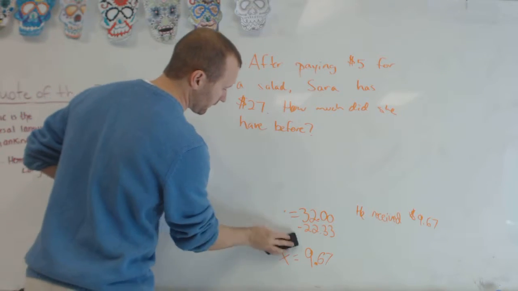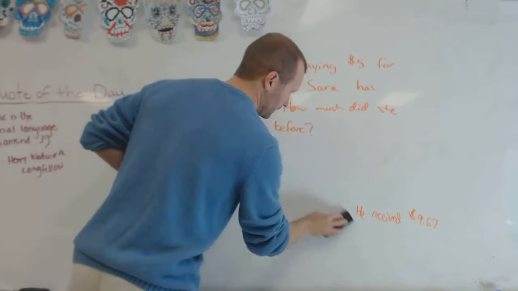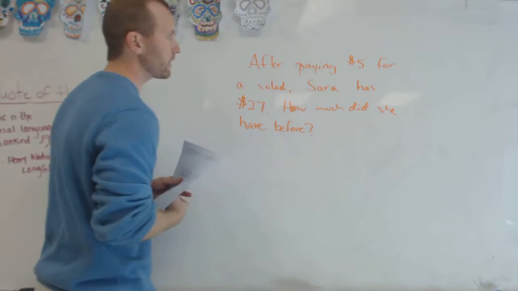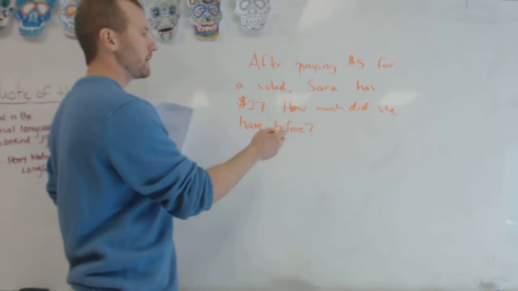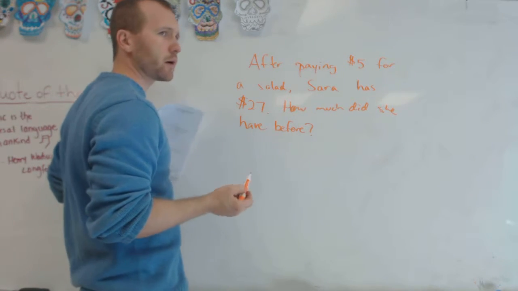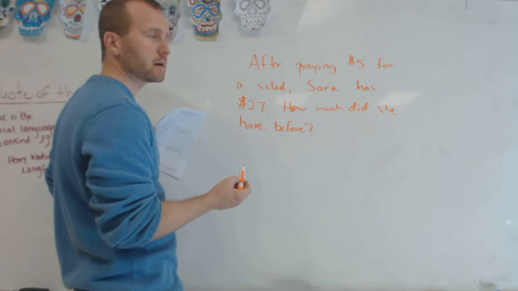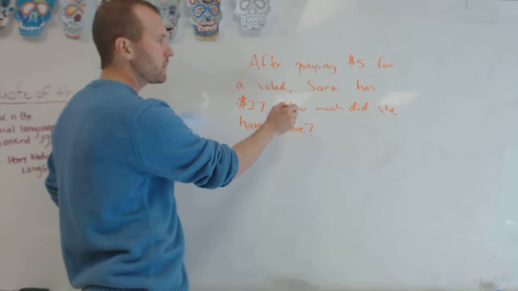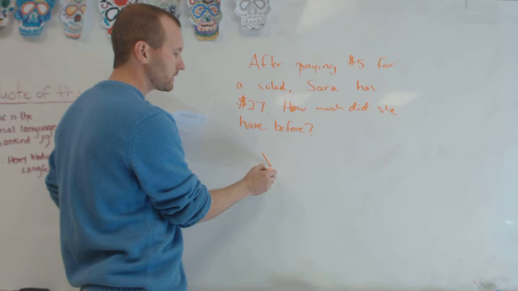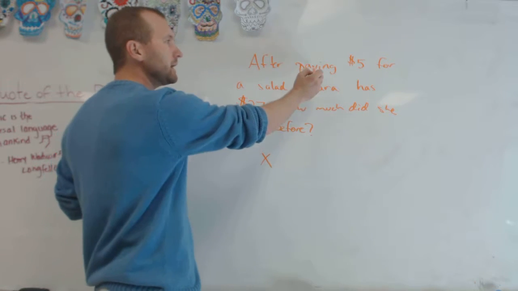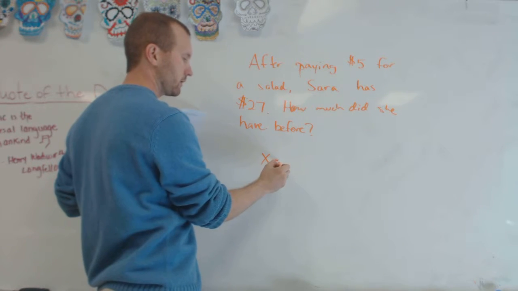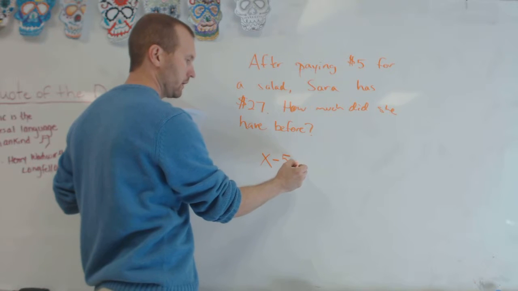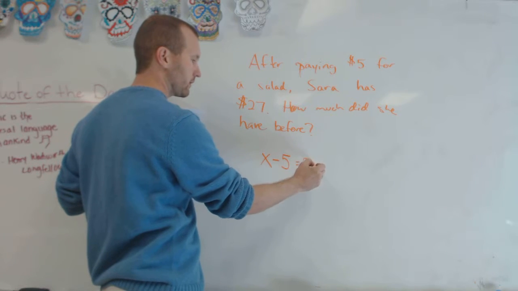And so what we want to figure out in this equation is, what is our variable? The amount of money she had before. So in that case, we know that the amount of money she had before, x, minus 5, is going to equal 27.